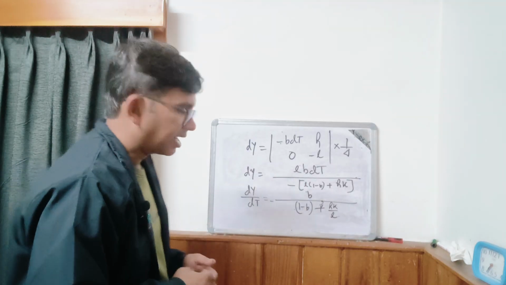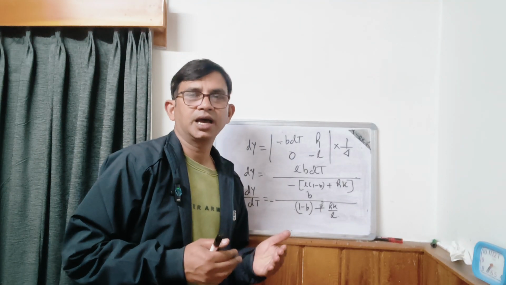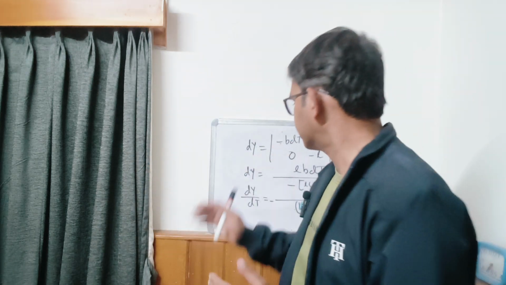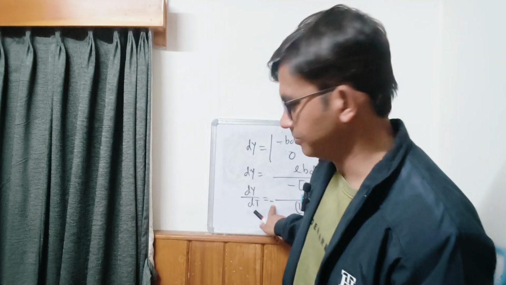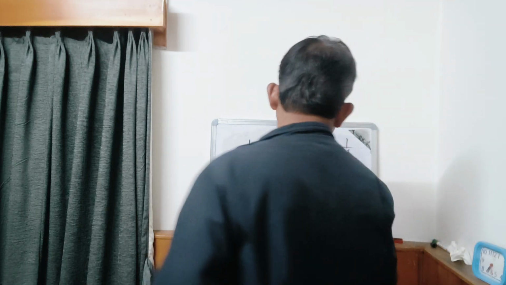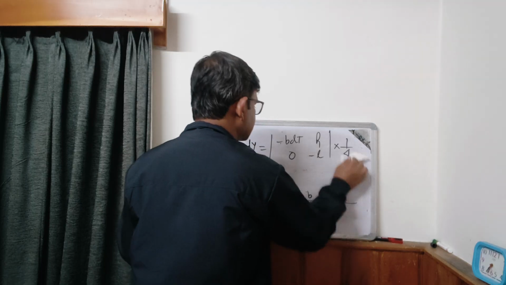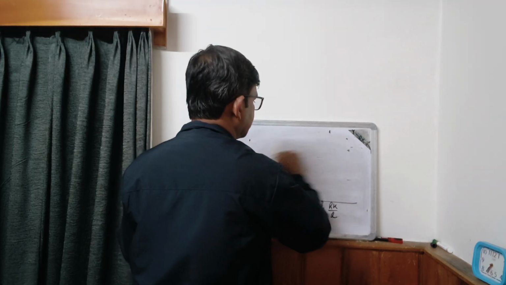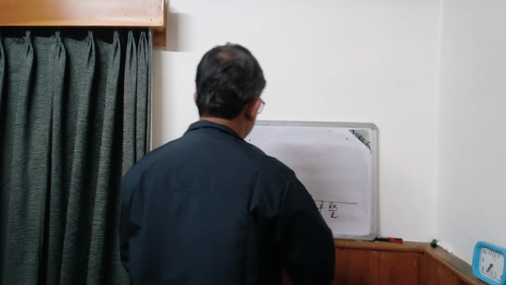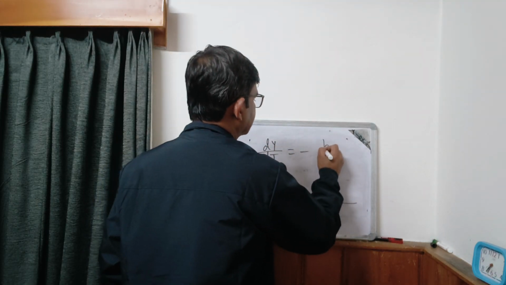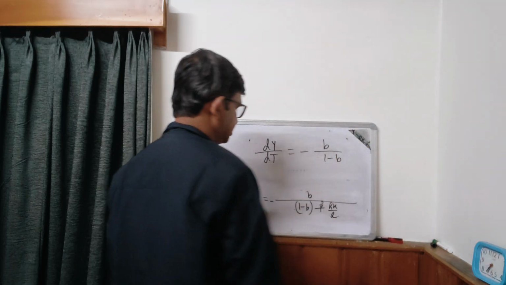And as the tax rises, the aggregate demand will decline. So there is an inverse relationship between tax and aggregate demand. So that's why we get a negative value here. And if we check the tax multiplier in the simple Keynesian model, it will be dY/dT equals minus b divided by 1 minus b.